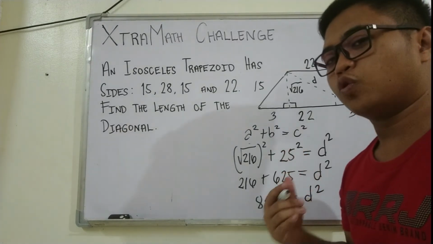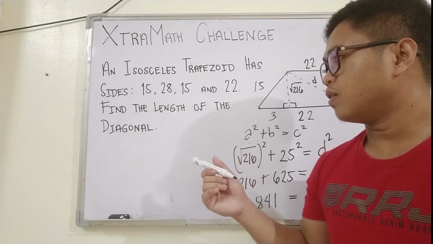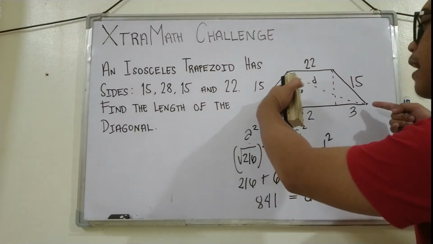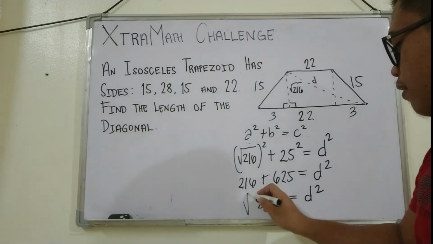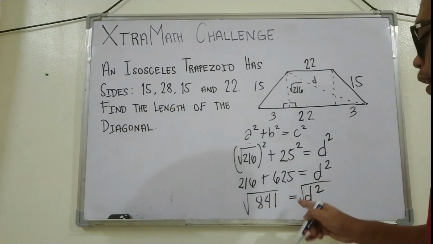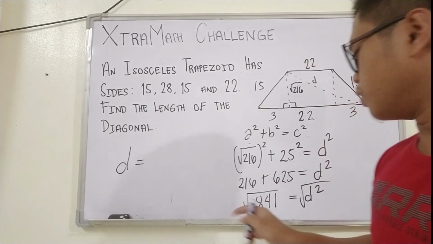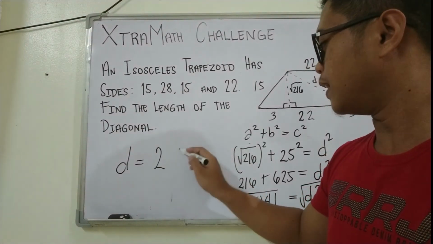Now, to finally get the length of our diagonal in this trapezoid, by solving the hypotenuse of this right triangle here, we will get the square root of both sides. And now, we can solve that D is equal to the square root of 841, which is equal to 29.